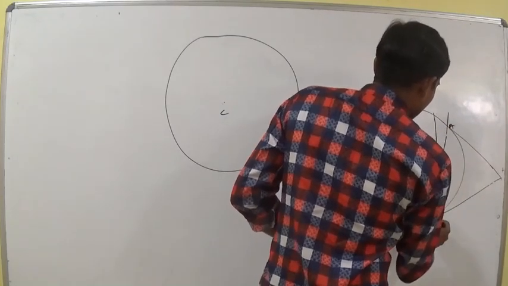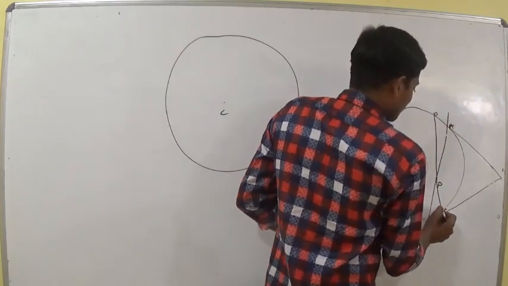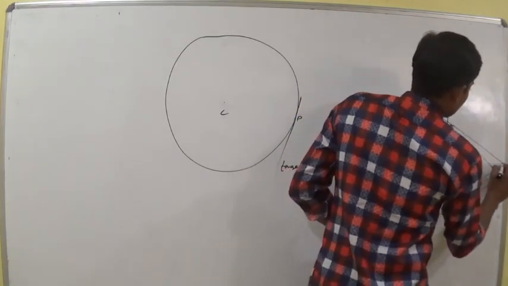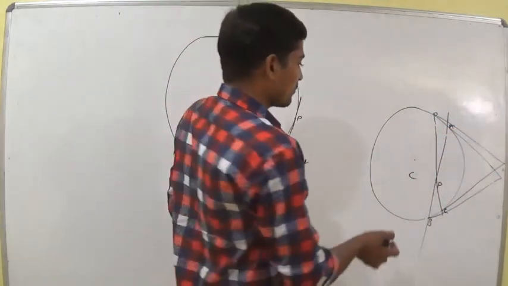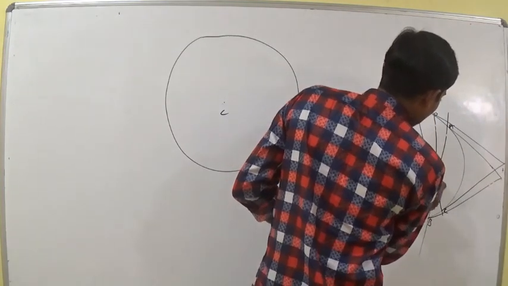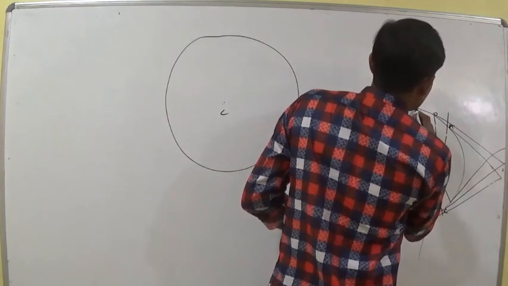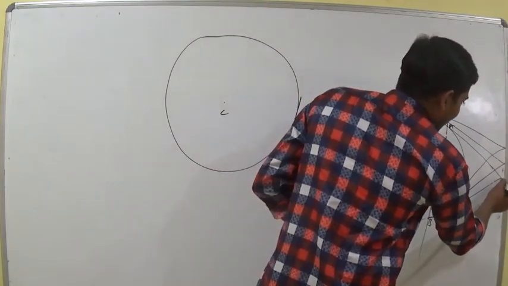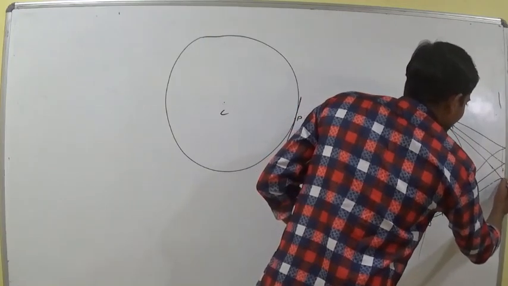Suppose A, B, C, D. Tangent. This is also tangent. So one more line if I draw through that point, like this, tangents. If you draw a polar line through the intersecting points of tangents, it becomes like this.